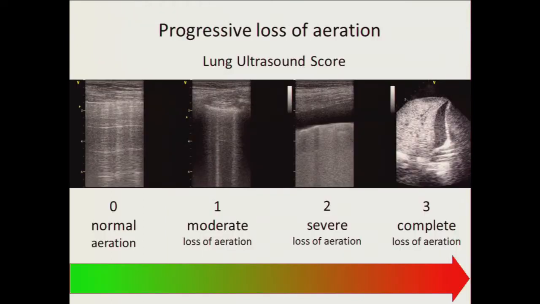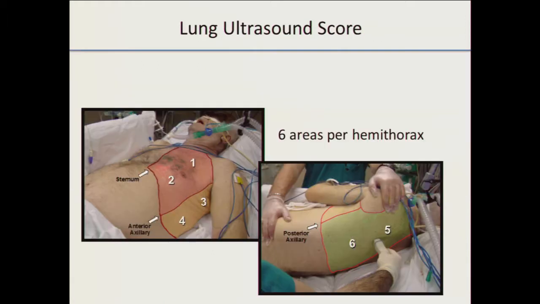Normally we use in ICU a lung ultrasound score ranging from 0 to 3. 0 when all is normal, you have the A pattern, the pleural sliding with A lines, so normal aeration, and 3 when you have a tissue-like pattern that is related to a complete loss of aeration.